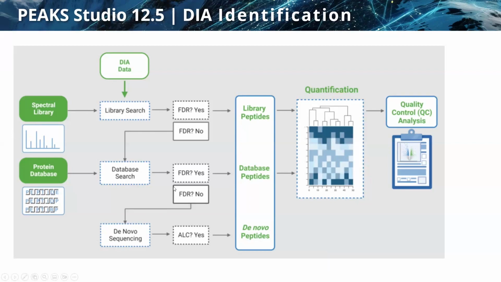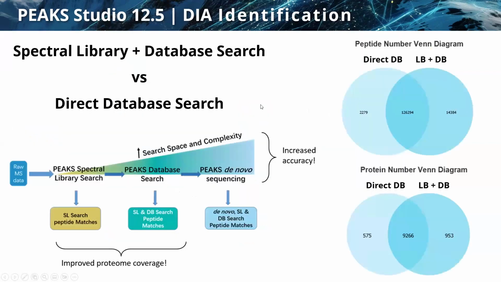And then anything that doesn't pass will be de novo sequenced, and that will be reported with the ones that pass your ALC threshold that you set. They'll be reported as de novo peptides. The reason we have this workflow setup is that it's a little bit opposite of what it was in DDA. In DDA, you started with de novo sequencing of all spectra, and database search, the de novo, is last.